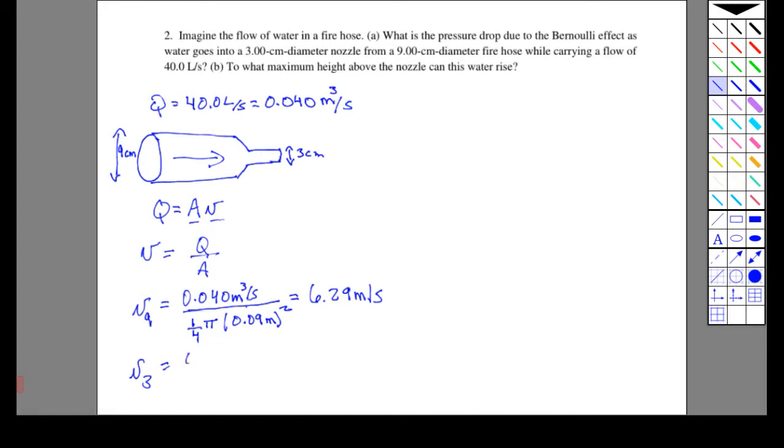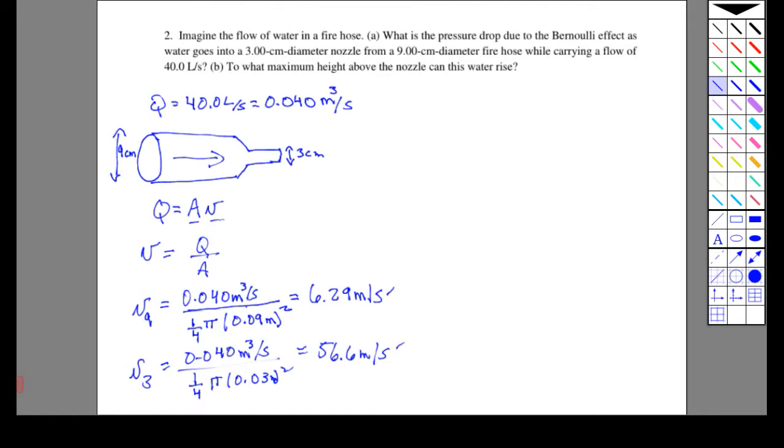So we use the same flow rate, and we divide by our new cross-sectional area, which is 0.03 meters squared. And you should get a flow speed of 56.6 meters per second. We know the water should be flowing faster through the nozzle than the hose, so these two values make good sense.